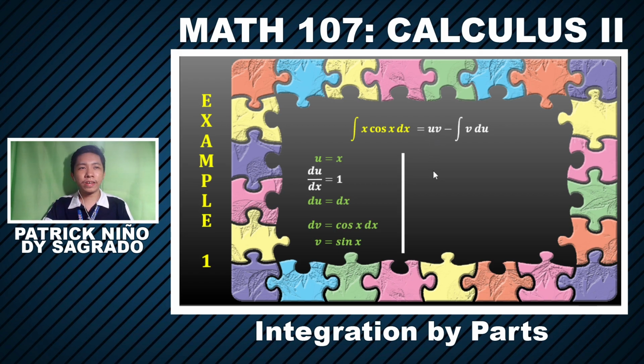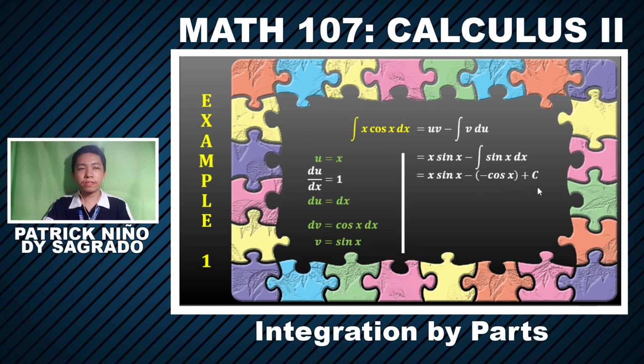So we plug in our values here. So u is x, v is sine x, minus the integral of v, which is sine x, and du is dx. As simple as that. We can then find the integral of this part, which is negative cosine x through basic integration rules.